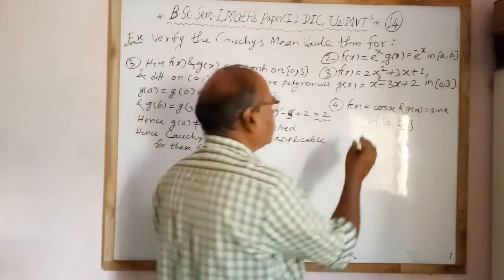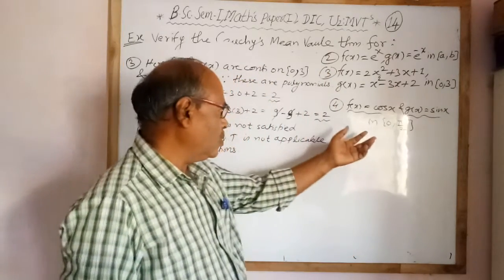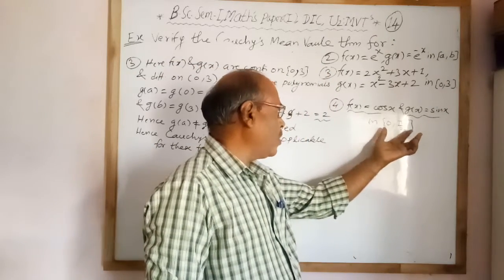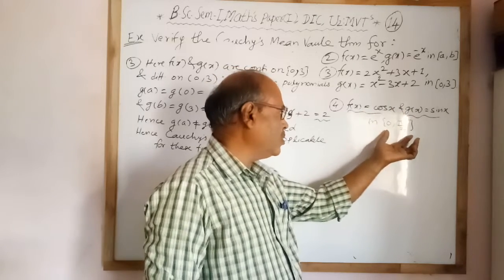Now for this case you will observe that f of x and g of x are continuous in the closed interval 0, pi by 2. Also these are differentiable in the open interval 0, pi by 2.